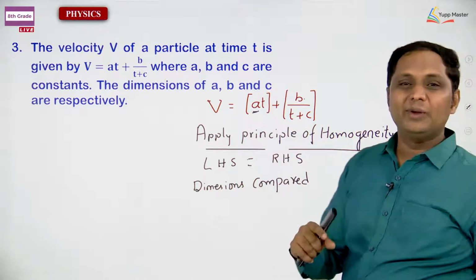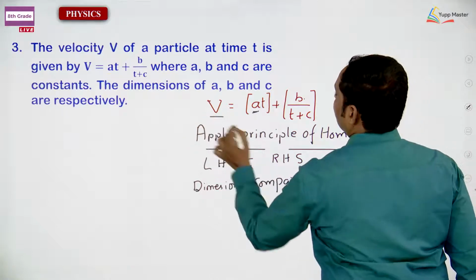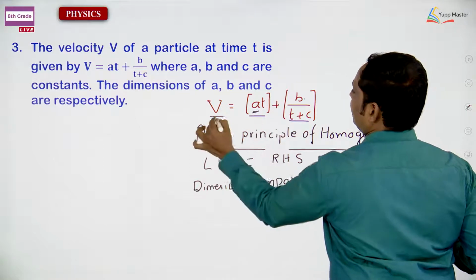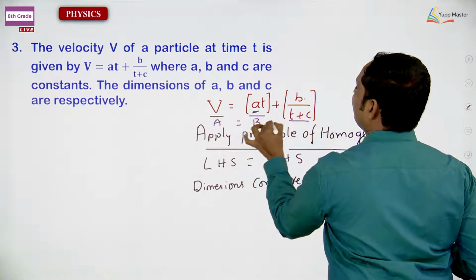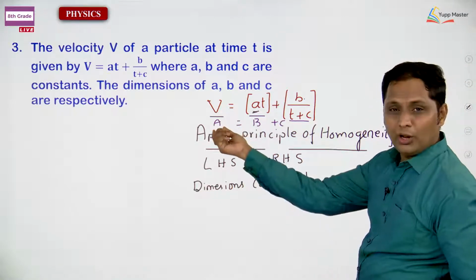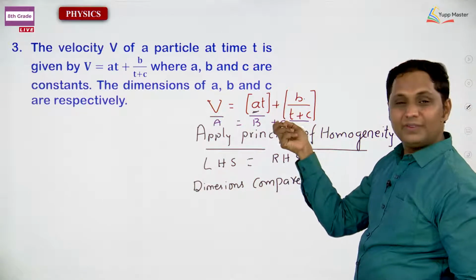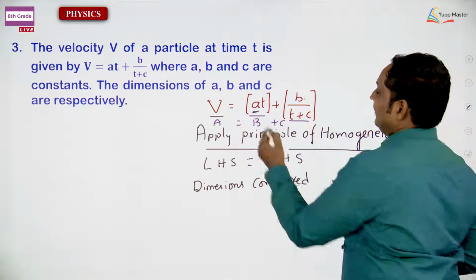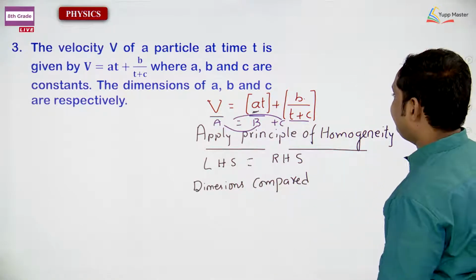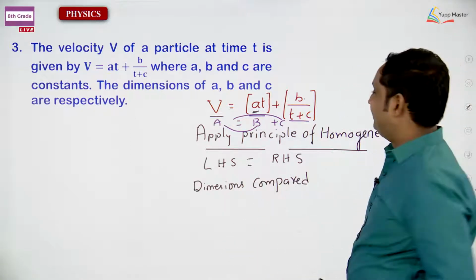In order to get the dimensions, you need to write the dimensional formula. So the dimensional formula of V is considered. A is equal to B plus C, so the dimensional formula of A and B are the same, and C also has the same kind. Now you can individually equate them.